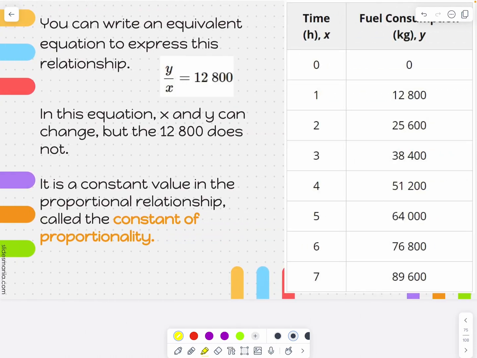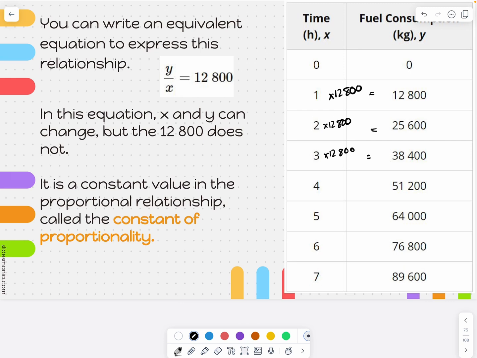Okay. Just going to go through this quickly. I actually skipped it in class, but here we have a table. Is this table proportional? If you look, it is, because 1 times 12,800 gets me that number. 2 times 12,800 gets me that number. 3 times 12,800 gets me there.